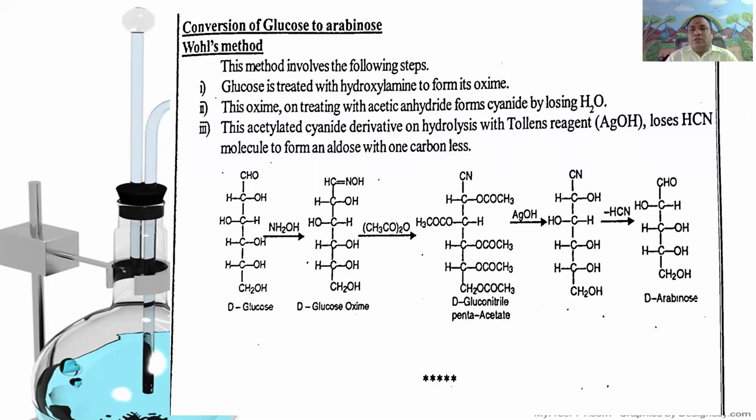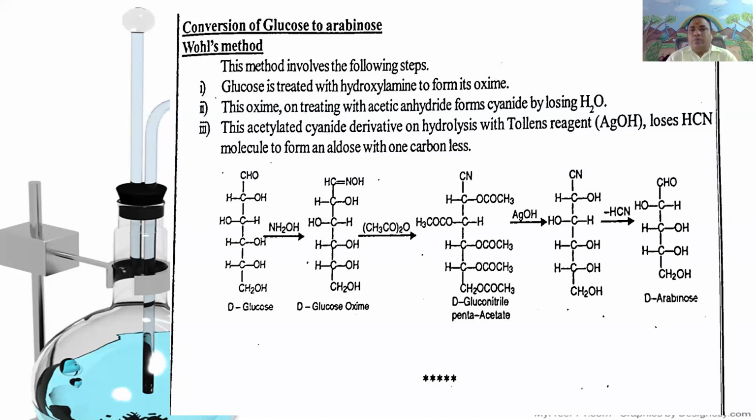This method involves the following four steps. The first step is glucose, which upon treatment with hydroxylamine gives the oxime of glucose.